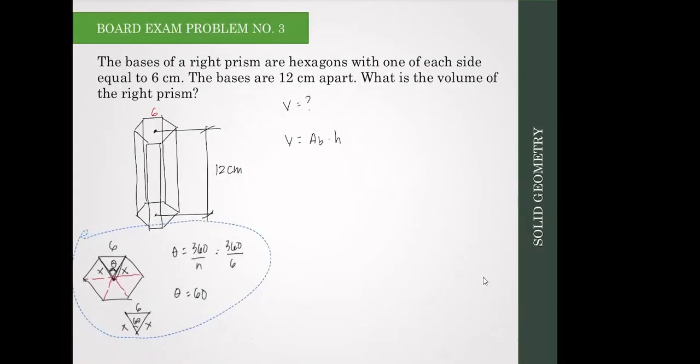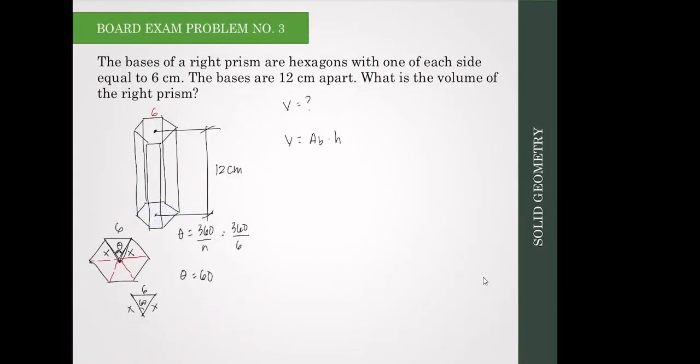So, 6 squared is equals to x squared plus x squared minus 2x times x cosine of 60. Pag sinimplify natin yan, 2 times cosine 60, cosine 60 is 0.5 times 2, magiging 1. So, 1x squared. So, 6 squared is equals to 2x squared minus x squared, or x squared is equals to 6 squared, or x natin is equals to 6. So, ibig sabihin, equilateral triangle na siya.